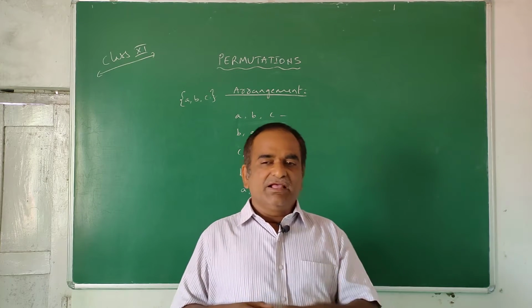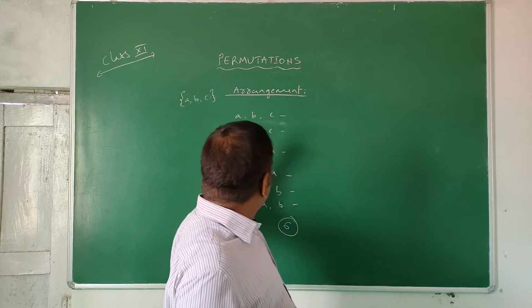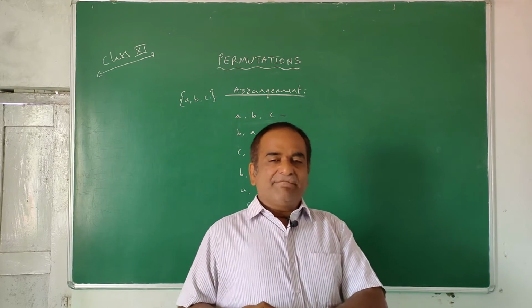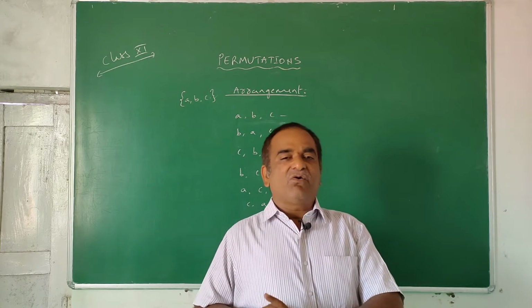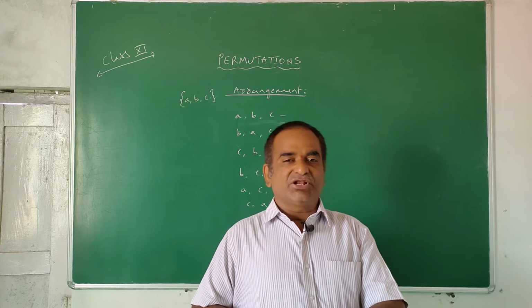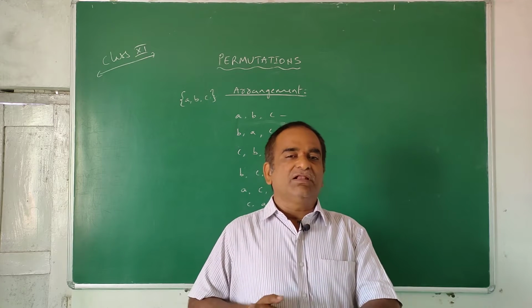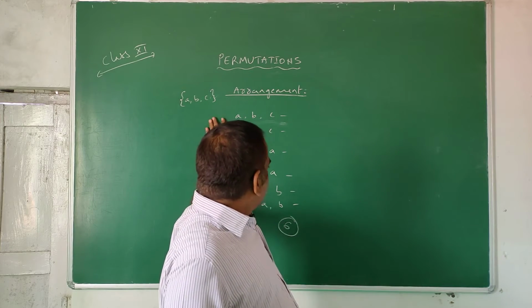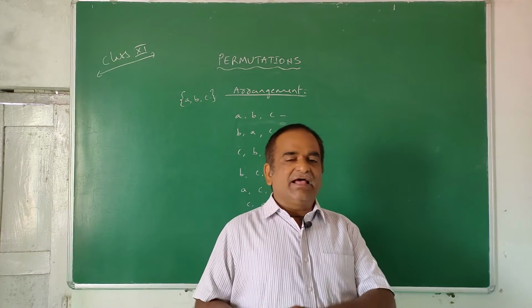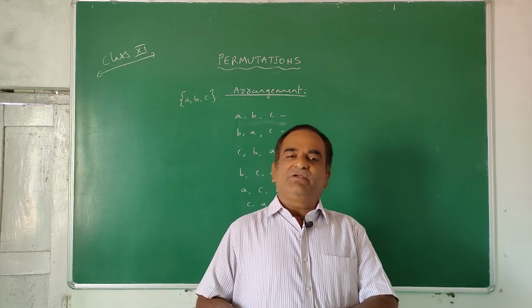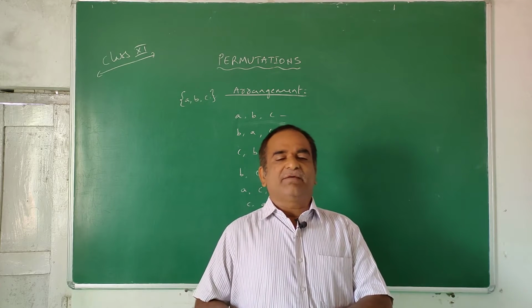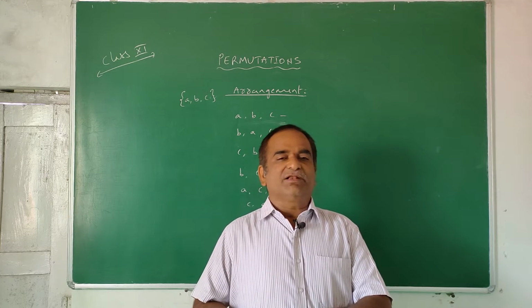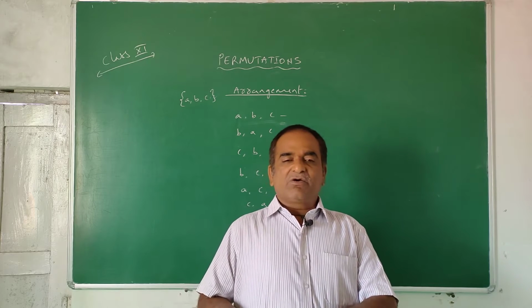In this problem we took the permutations practically and counted the number of permutations, but it is not possible in every case. Practically writing the arrangements and then counting them is not possible in all situations.